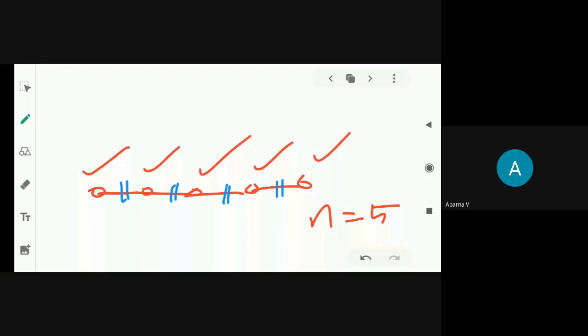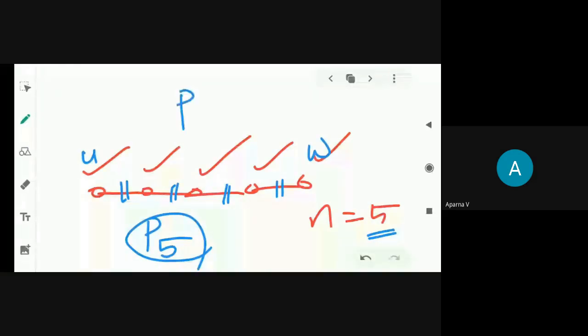So 5 vertices and 4 edges. This is often denoted as P5. Generally, Pn denotes a path graph, or simply a path, having n vertices and n minus 1 edges. So the path graph is a very important object in graph theory.